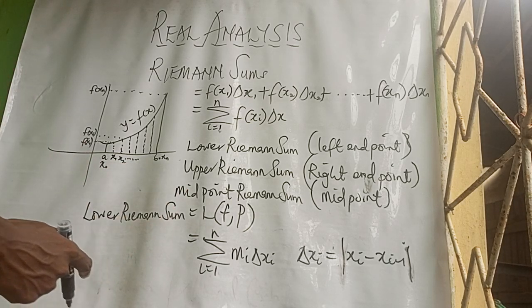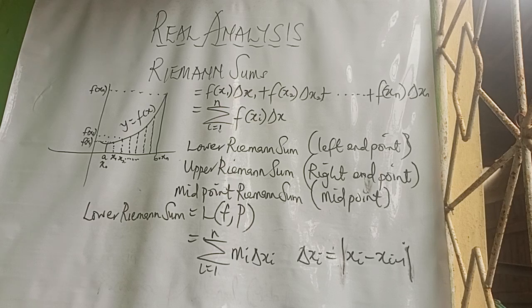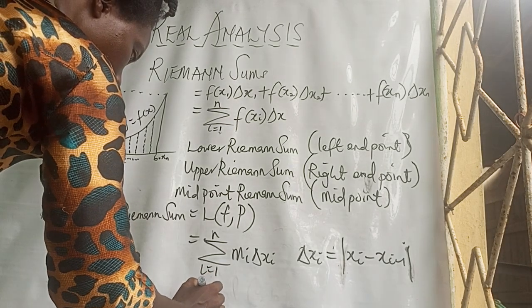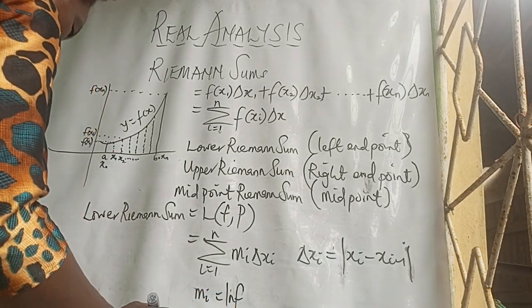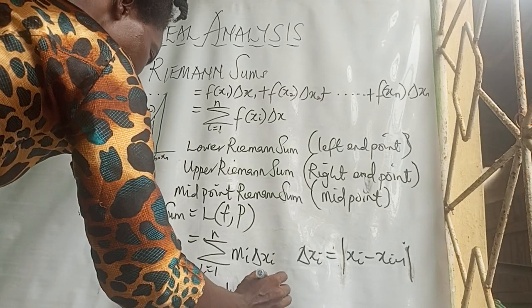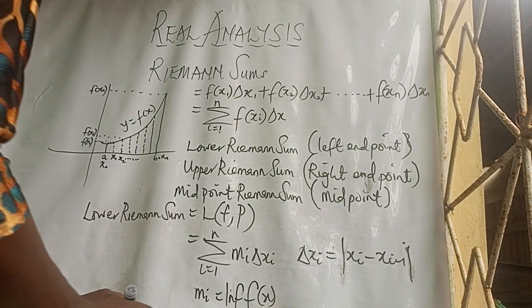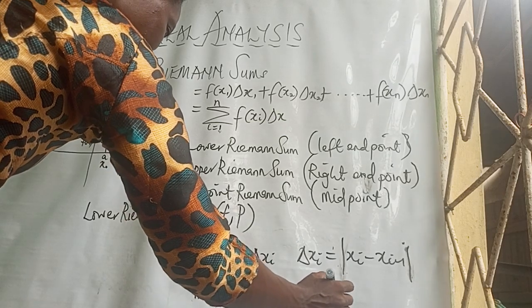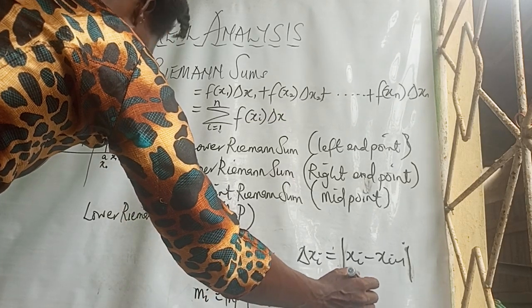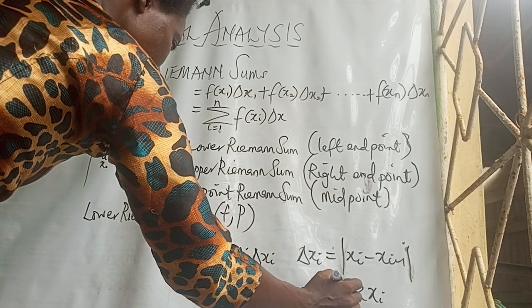And our mi is the infimum of f of x, such that xi minus 1 is less than or equal to x is less than or equal to xi.